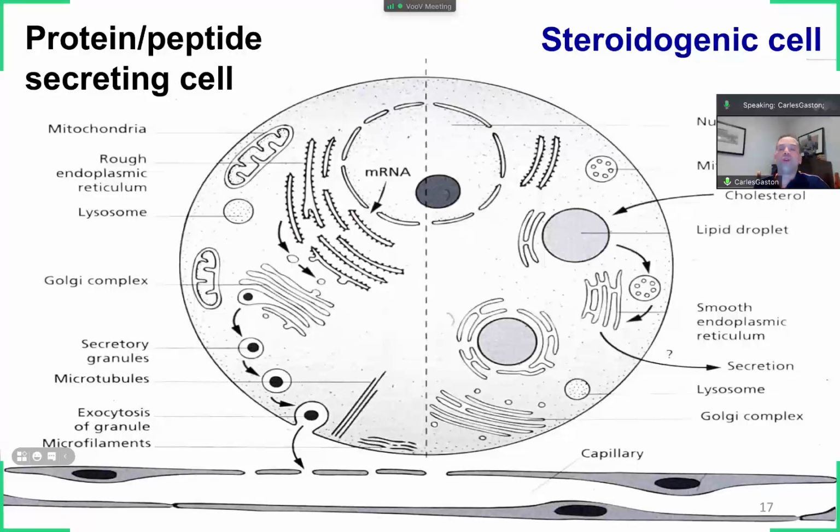So let's look into a cell, okay? On one side, you have a normal peptide or hormone producing cell.